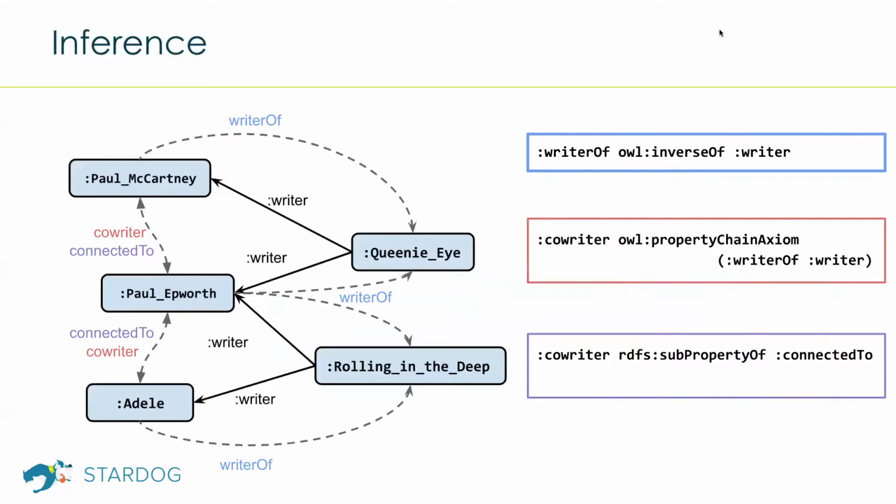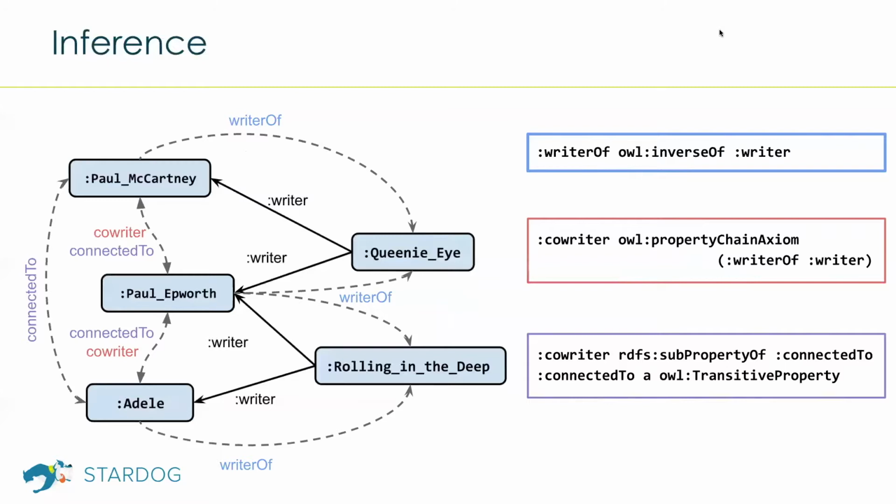But we want to say that if Paul McCartney is connected to Paul Epworth and Paul Epworth is connected to Adele, then logically speaking, Paul McCartney is connected to Adele in some way, some number of hops away. So if we define connected to as what's called a transitive property, it'll make that for us too.